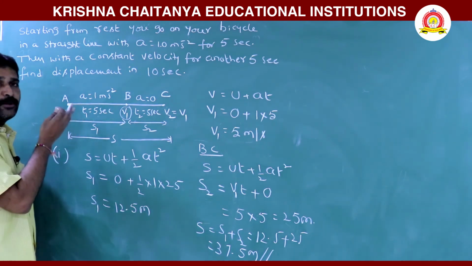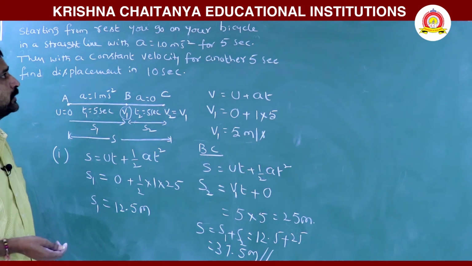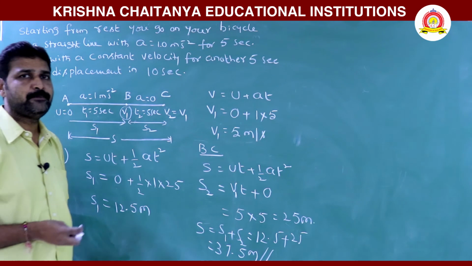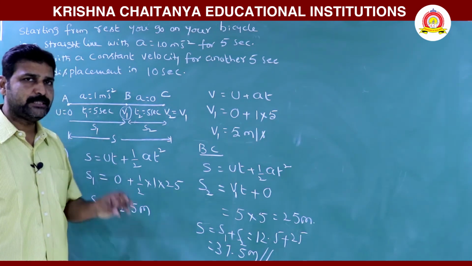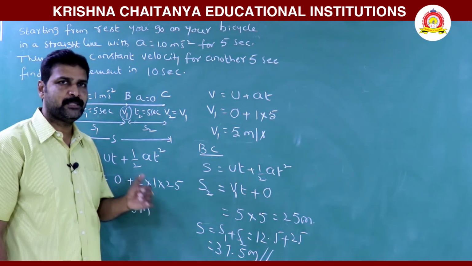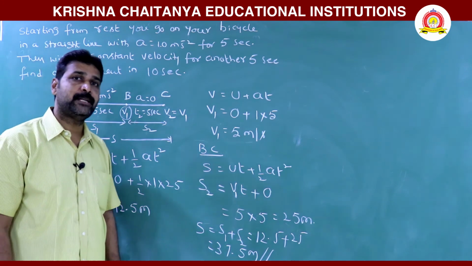When you are doing problems based on equations of motion with constant acceleration, there you have only 4 expressions. V is equal to u plus at, S is equal to ut plus half at squared, V squared minus u squared is 2as, Sn is equal to u plus a into n minus half.